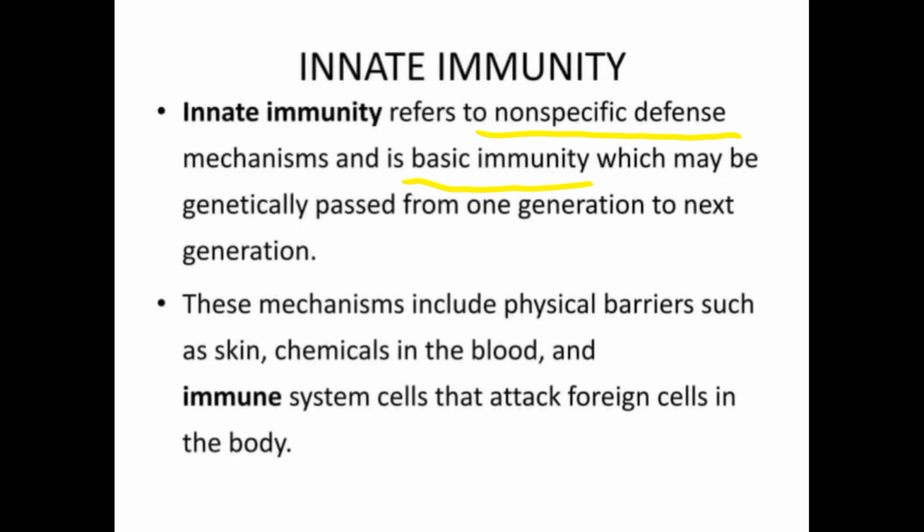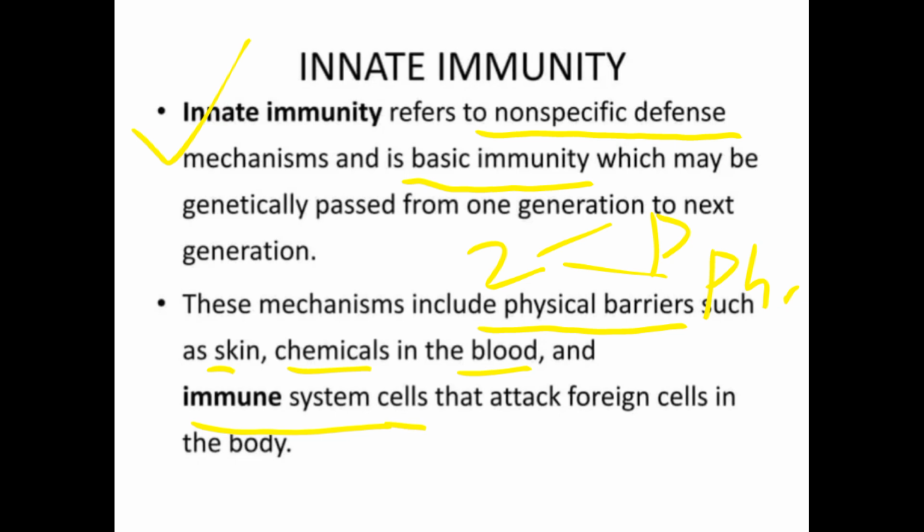Henceforth innate immunity is completed, and its mechanisms include barriers. There are two types of barriers: physical barriers and physiological barriers. Physiological barriers are skin, chemicals in the blood, and immune system cells that attack foreign cells in the body.